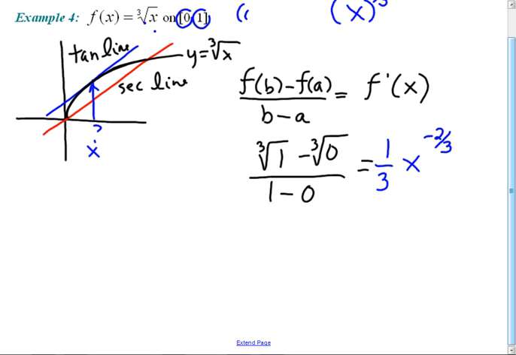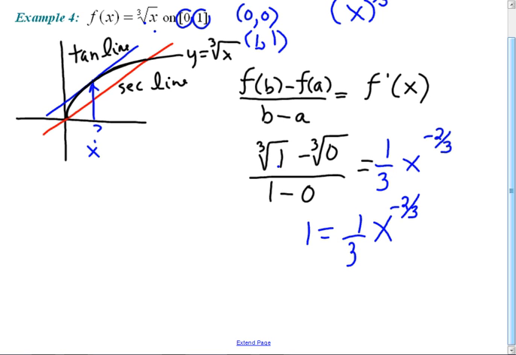When x is 0, y is 0. Look at the picture. When x is 1, what's y? What's the cube root of 1? 1. Okay, so what's the left side give me? This is 1 over 1. So it's just 1 equals 1/3 x to the negative 2/3.